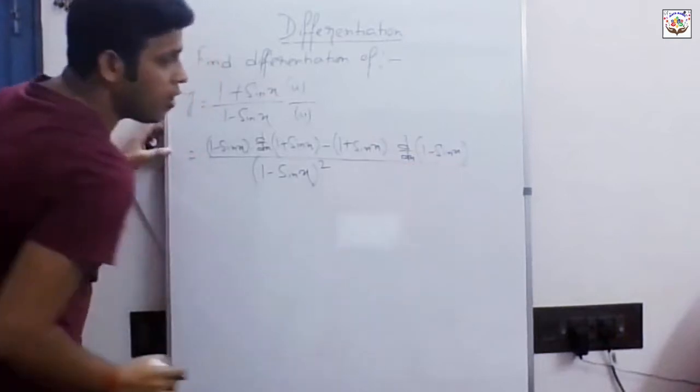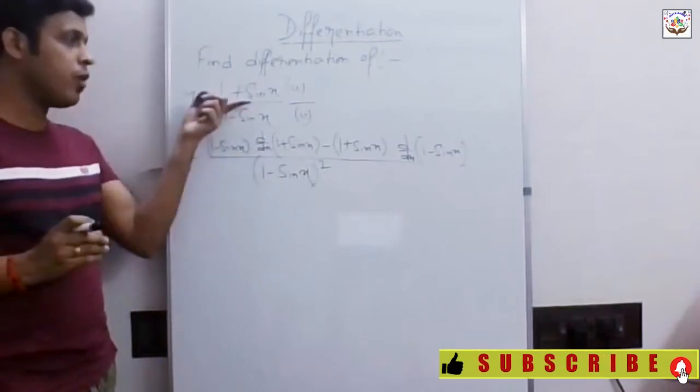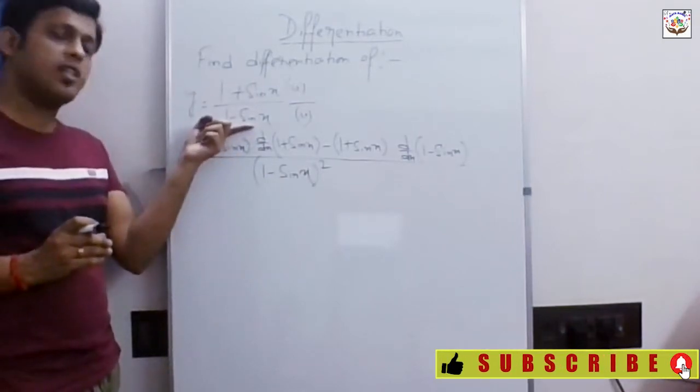If you see the formula of d dx of u by v, you will clearly understand this, assuming 1 plus sin x as u and 1 minus sin x as v.